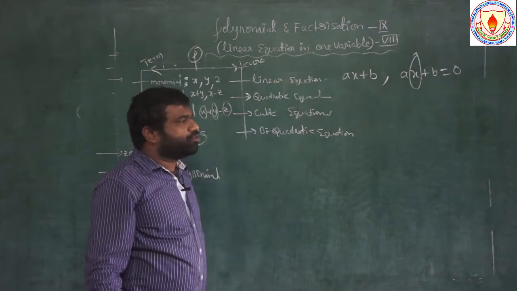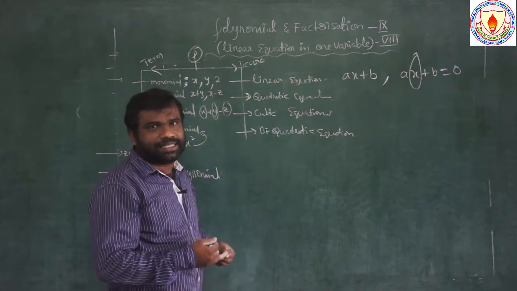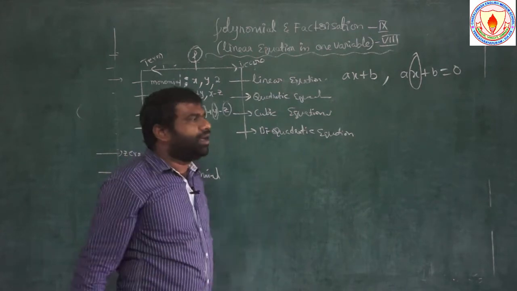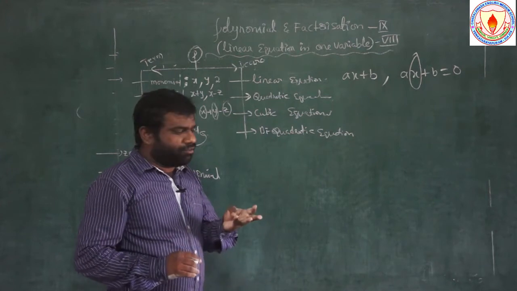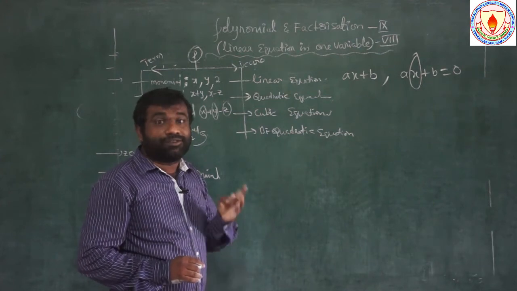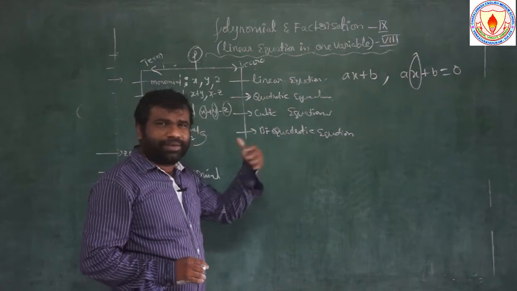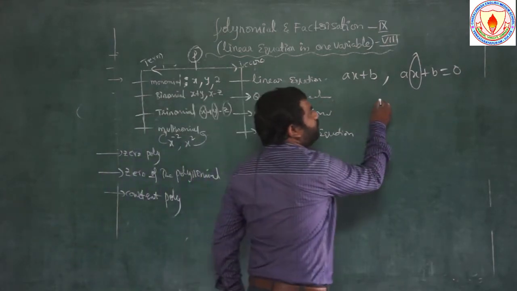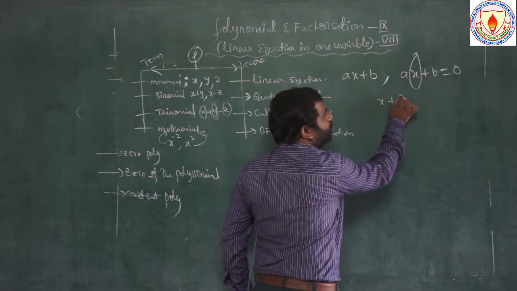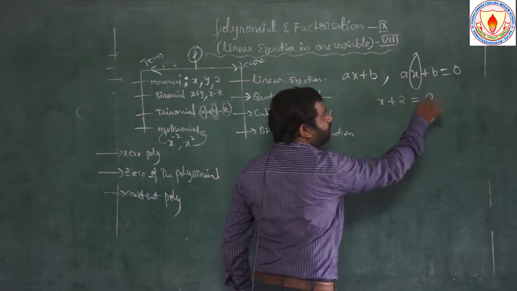In the 8th class chapter, the first exercise and third exercise are only simplifying the values. Already in 8th class we discussed it. Say for example, x plus 2 is equal to 0.